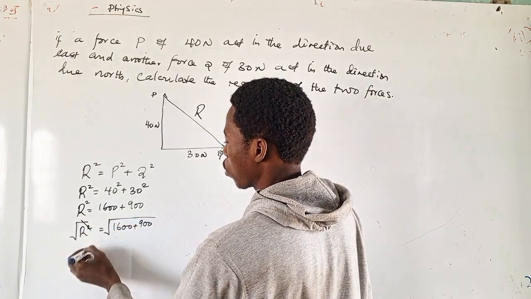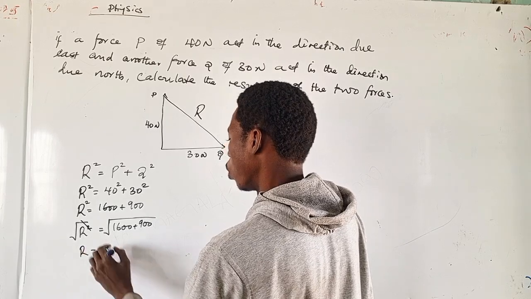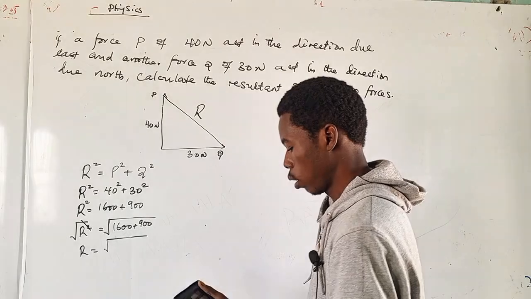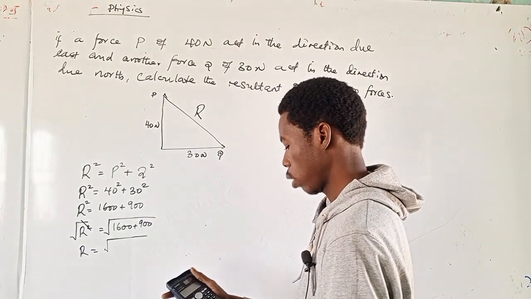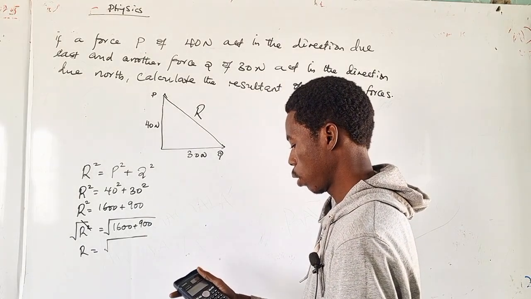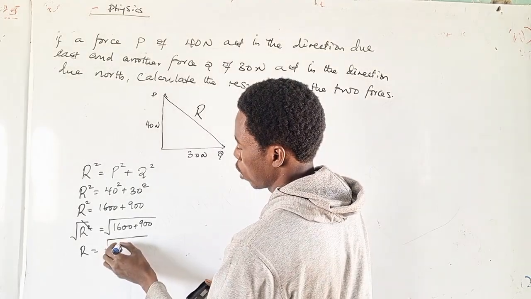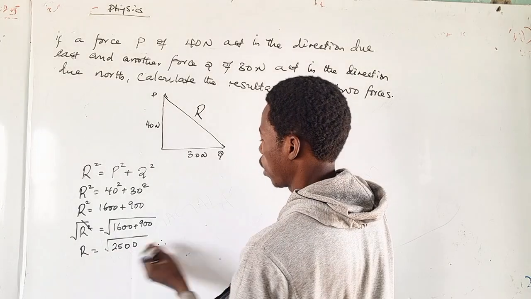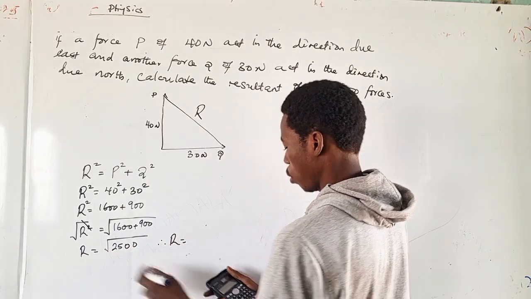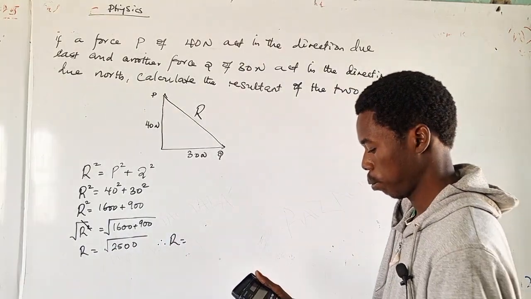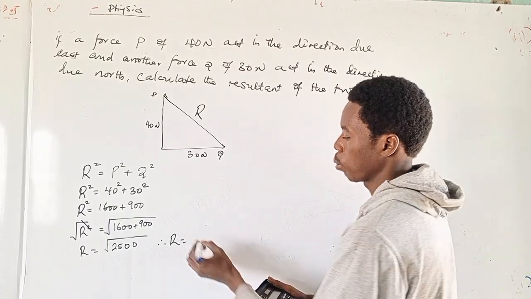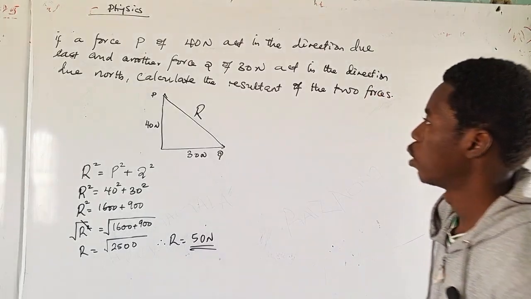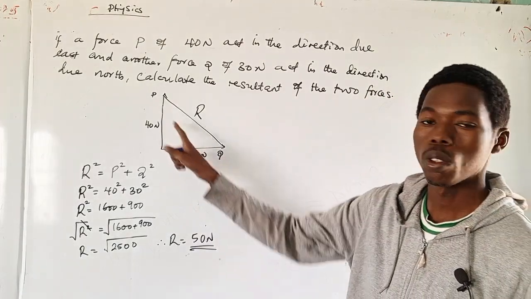So the square root cancels the square, I have R alone equals the square root of the sum of this. 1600 plus 900 will give us 2500. Therefore, R equals the square root of this, which will give us 50 Newton. So this is the resultant of these two forces.